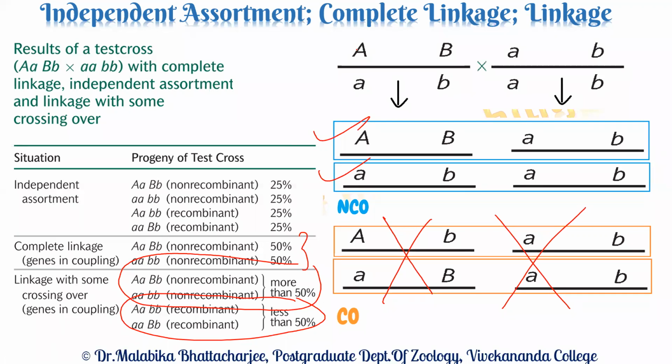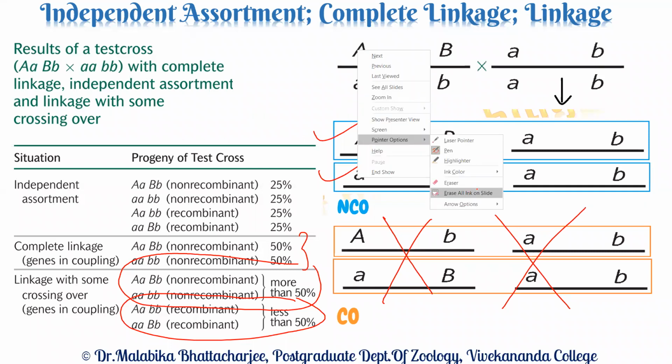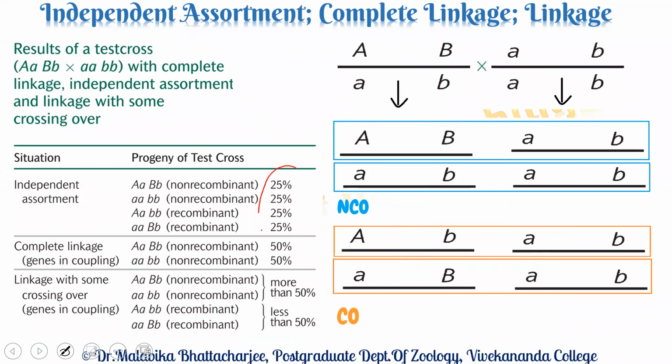If we look at these results the other way around, when we have 4 categories of gametes in a test cross, all in equal ratio, 1:1:1:1, what will be your assumption? The 2 genes have been independently assorted. When we have only 2 categories of gametes in the ratio 1:1, and the 2 categories present exhibit the parental phenotype, then we have to assume that complete linkage exists between the 2 genes in concern.